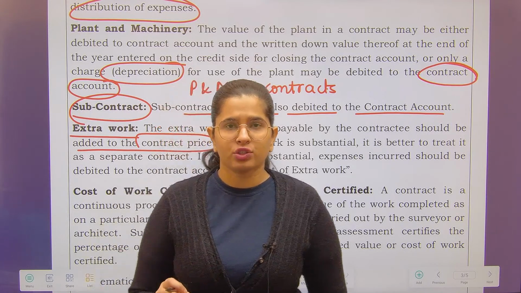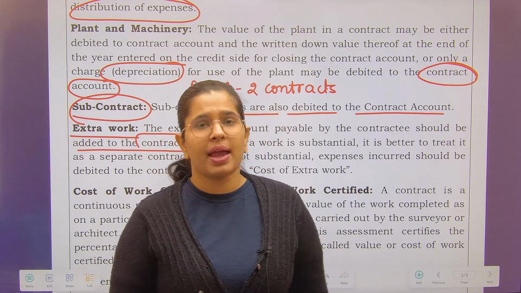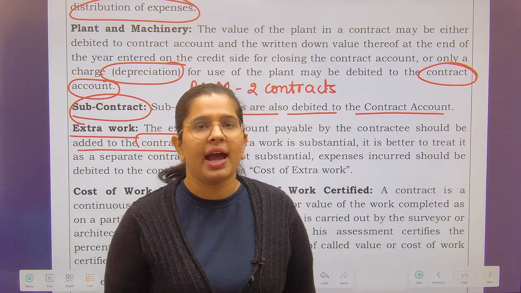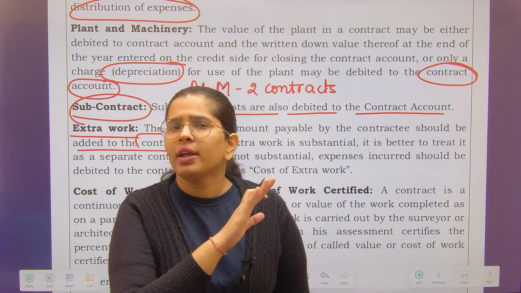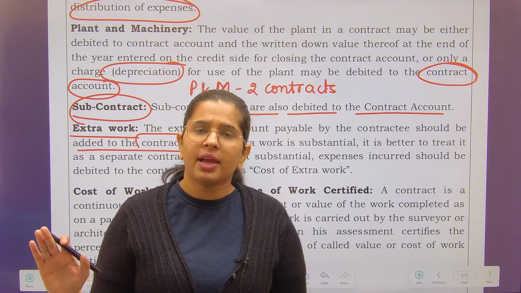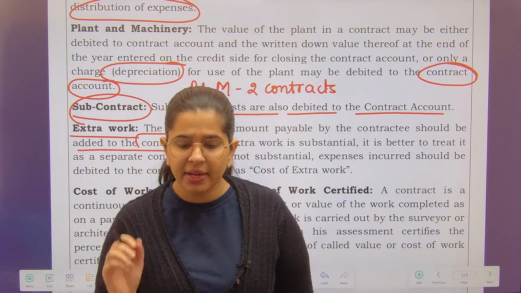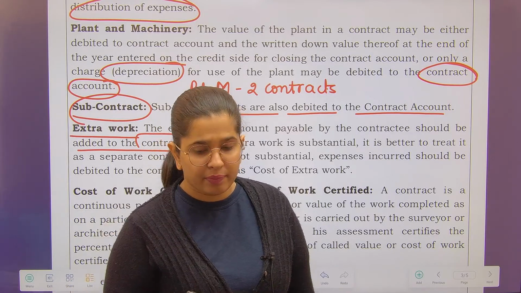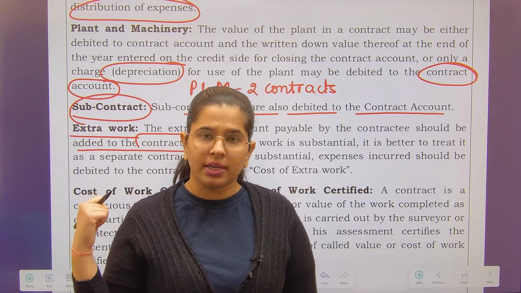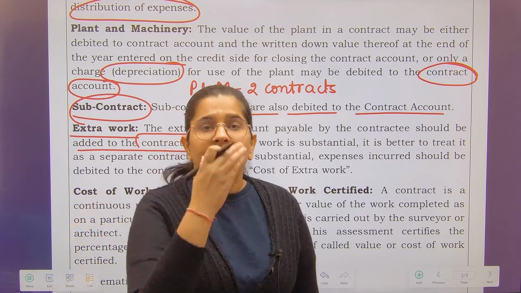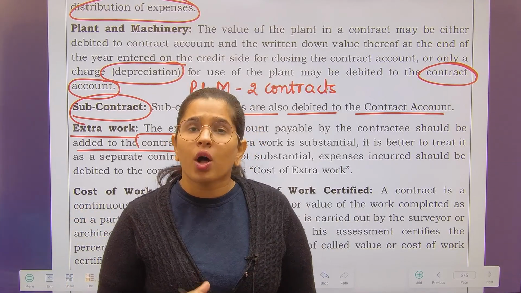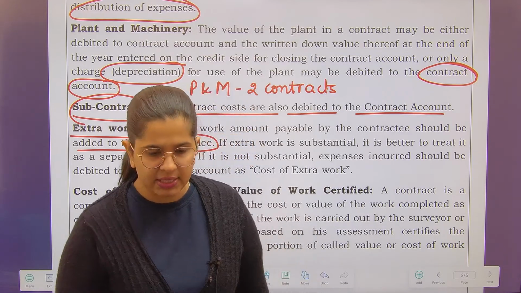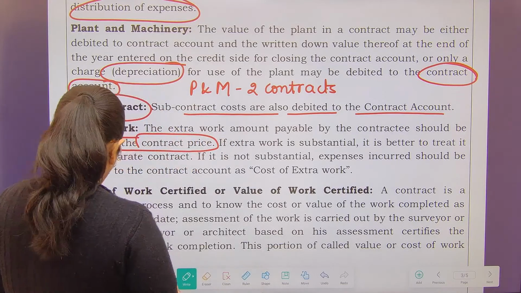So whatever extra payment is given by contractee to the contractor is added to the contract price. Simple thing. Whatever revenue you are earning out of the contract will be credited to the contract account. I have made that contract account earlier in this video, where credit side will represent all the income, debit side will represent all the expenses. Correct? Now let's move.